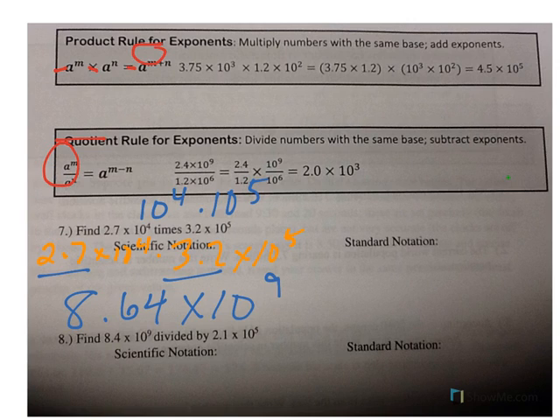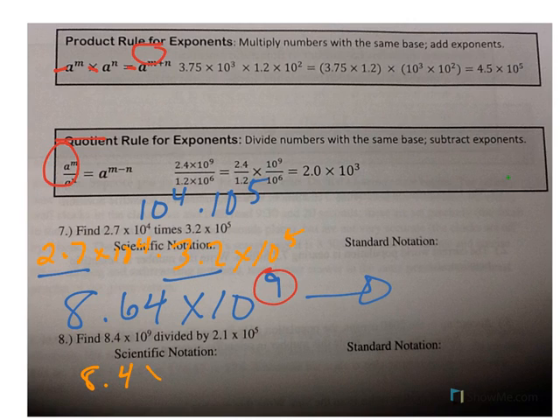So after you multiply, you have to decide, am I in scientific notation? And in this case, yes, because that first number, 8.64, is between 1 and 10, so you're golden. I'm going to let you put that in standard notation. Exponent of 9, so you're going to move this decimal 9 places to the right. And number 8, we're dividing.